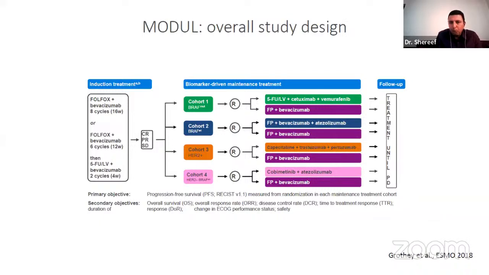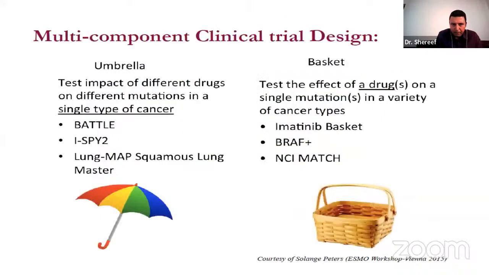For example, in BRAF mutant, the patients were randomized into maintenance, which is the control arm, fluoropyrimidine plus bevacizumab, versus fluoropyrimidine plus rituximab and vemurafenib. In the HER2 positive arm, patients were randomized into the control versus capecitabine plus trastuzumab plus pertuzumab, and this is a simple example of an umbrella trial.